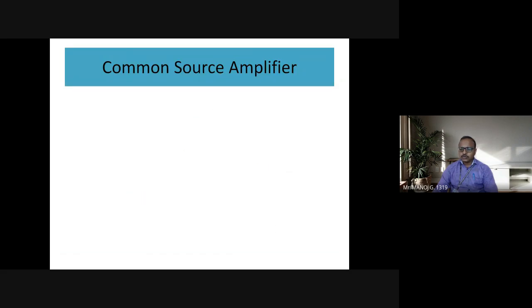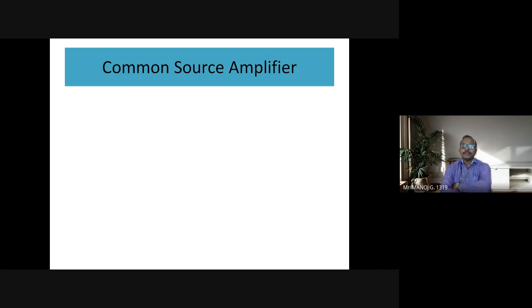So far we have studied the introduction of why we are going for amplifiers, the characteristics of an amplifier, amplifier trade-offs, and the types of amplifiers.